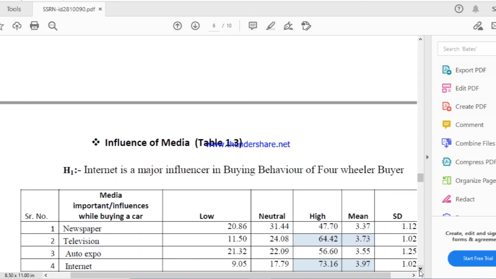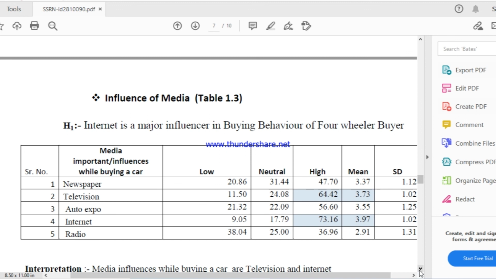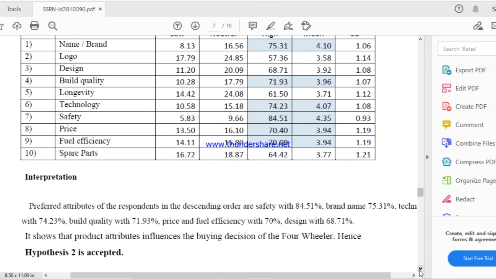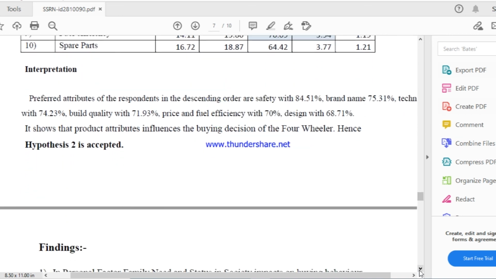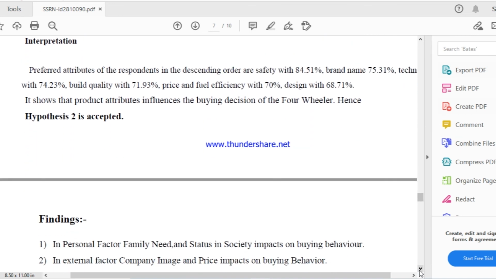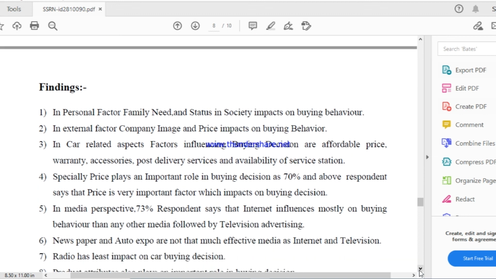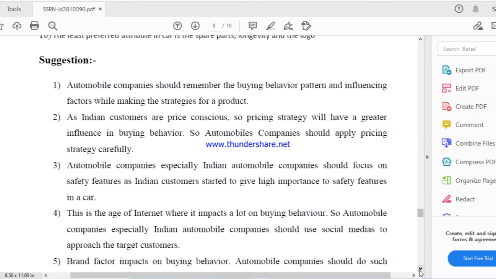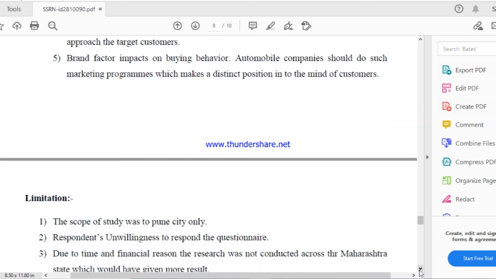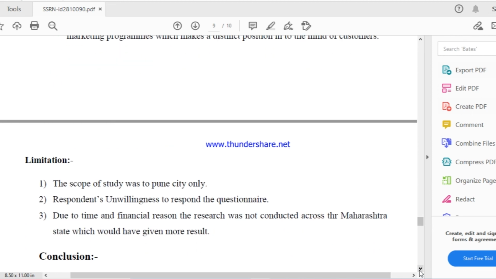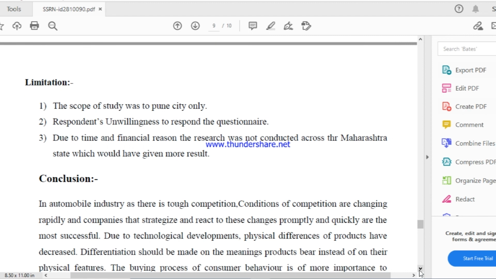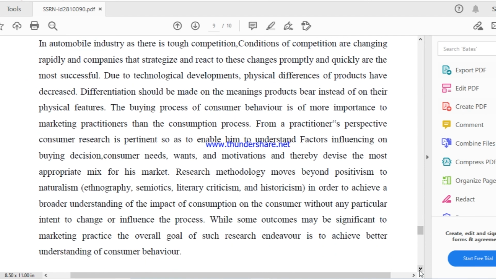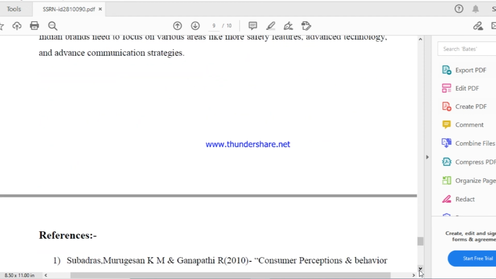So they are taking up the hypothesis and their interpretation, then they are giving up the findings of the research taken into account, and ultimately they are writing up the suggestions, and then they are putting up the limitations. So finally they are ending the paper with the conclusion part, and last but not least, they are keeping up the references.